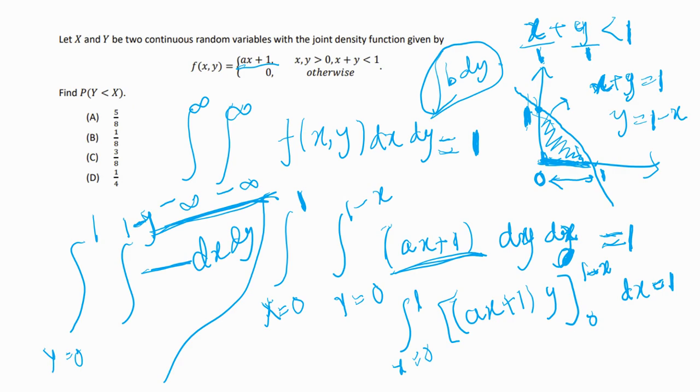So it will be the integral of x from 0 to 1 of (ax plus 1)(1 minus x) dx equal to 1.